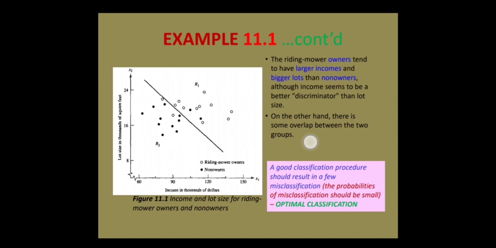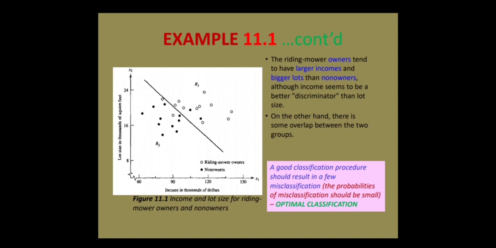Okay, so from here, what we can do is a good classification procedure. Okay, it should result in few misclassifications. Okay, we want the probability of misclassification to be small.